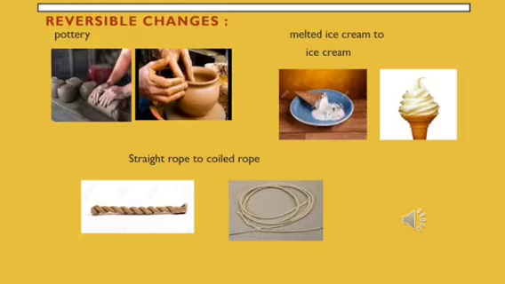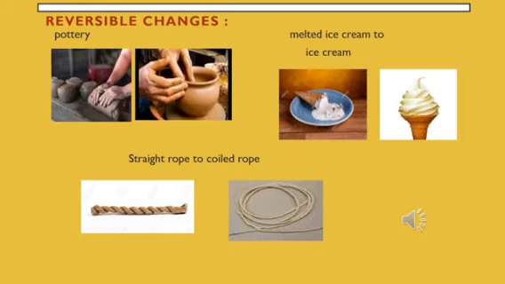Look at the third one. We can see the picture of a straight rope or maybe a string also. And you can see it is coiled. So is it possible to get the straight rope back from the coiled rope? Definitely yes.